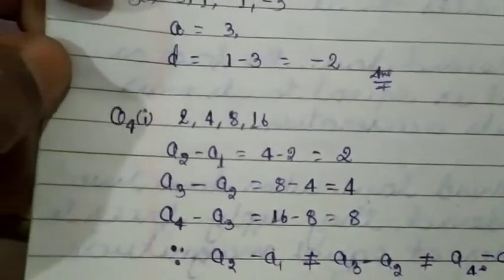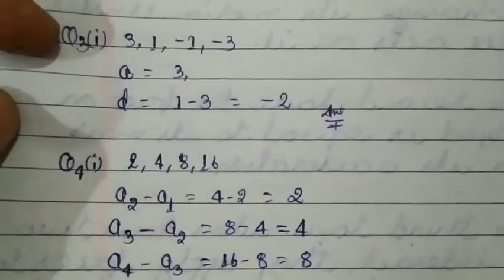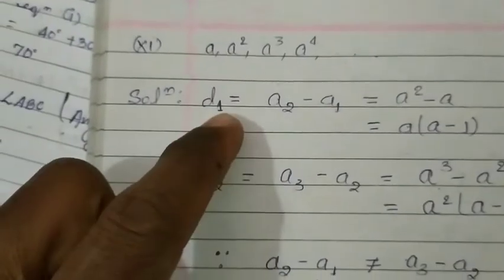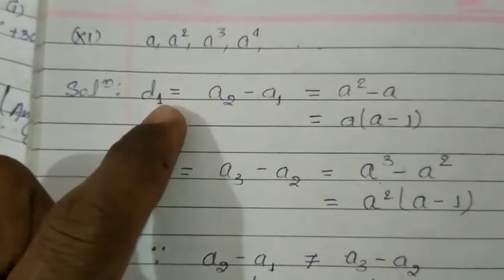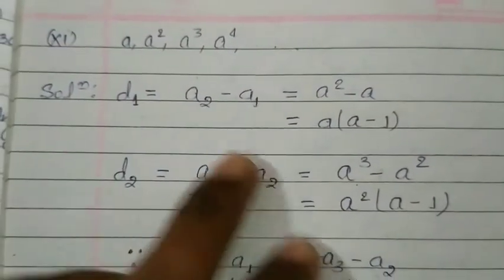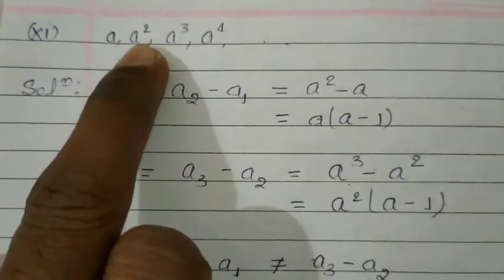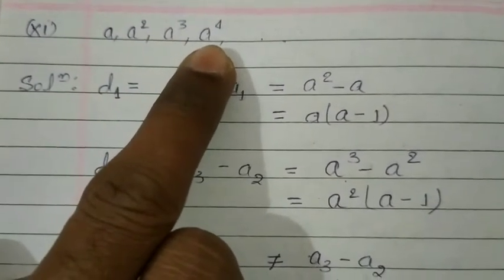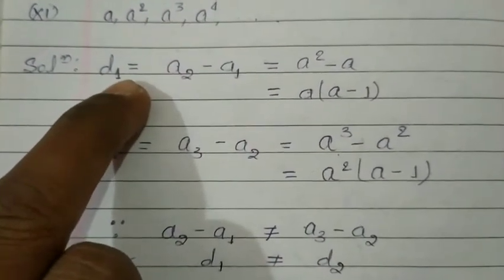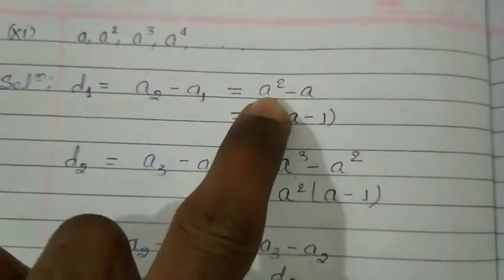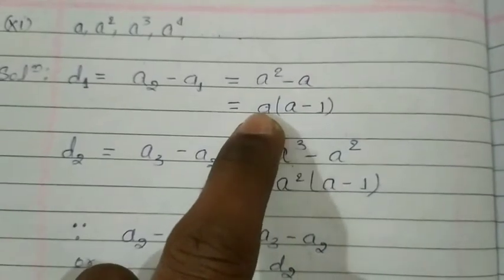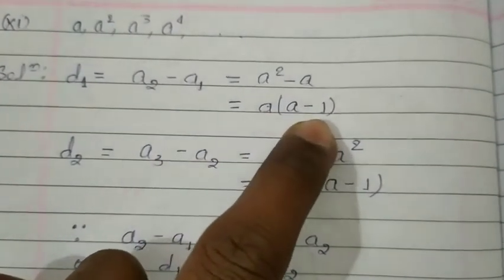Okay. So now come to the question number 11. 11 is a little bit different than the others. So I tried to solve it. See, A square, A cube and A to the power 4. So D1, the first common difference, is A2 minus A1, that is A square minus A. So you got A under bracket A minus 1.